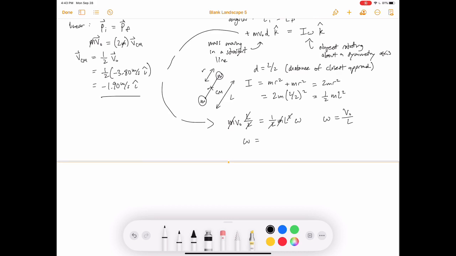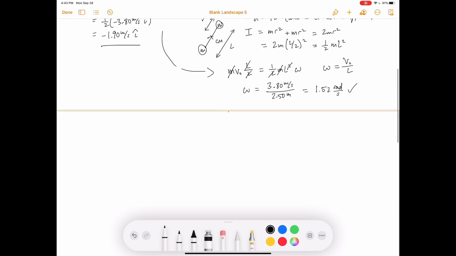So omega is v0, which is 3.8 meters per second, divided by L, which is 2.50 meters. And this comes out in radians per second as 1.52 radians per second.